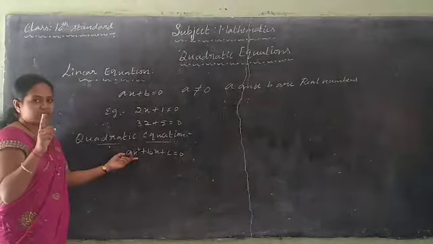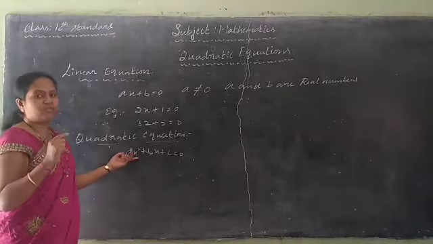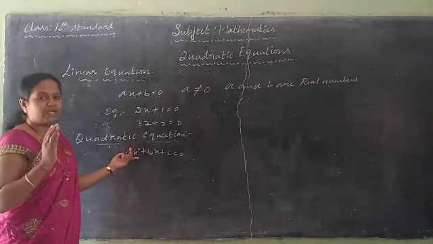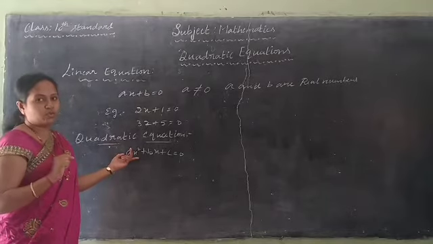Here, highest degree should be equal to 2. So, if there is no degree 2, then we will not call that equation as a quadratic equation. If the equation should be a quadratic, there should be a degree 2, children.